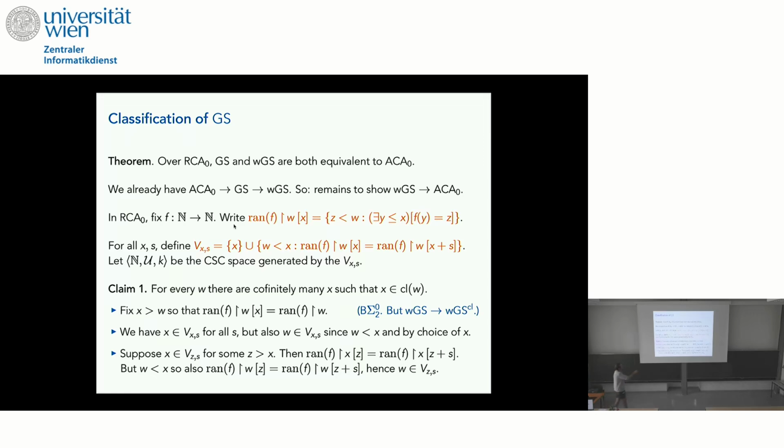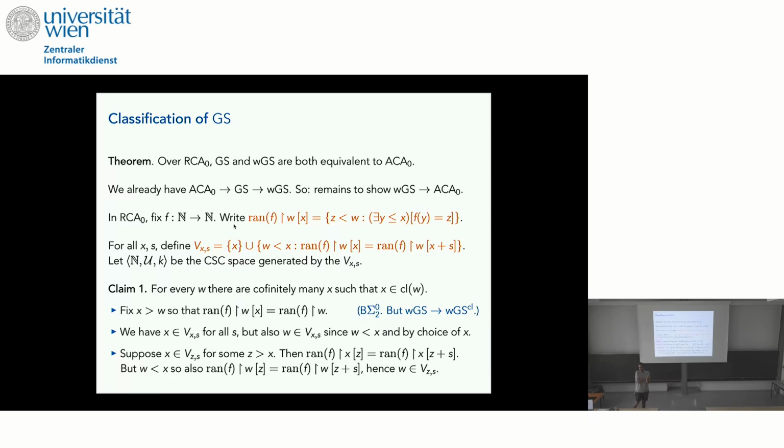All right, so let's use this notation here. Range of f up to W in x steps. Hopefully it's clear what I mean, but I just mean it's the range of f up to W, if we only look at the values of the function on things less than or equal to x.